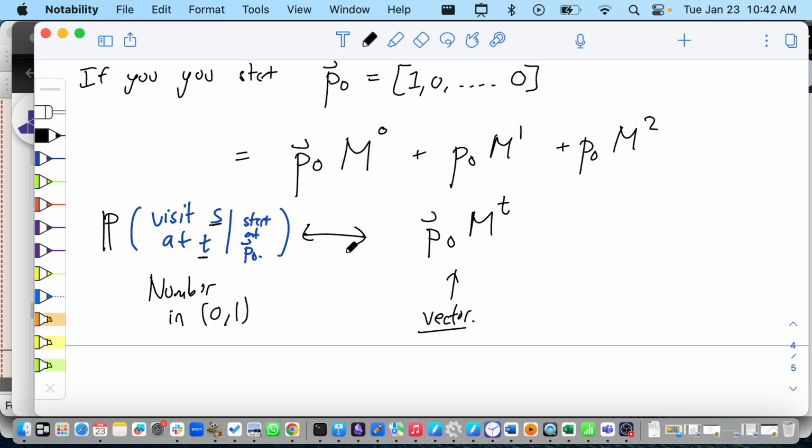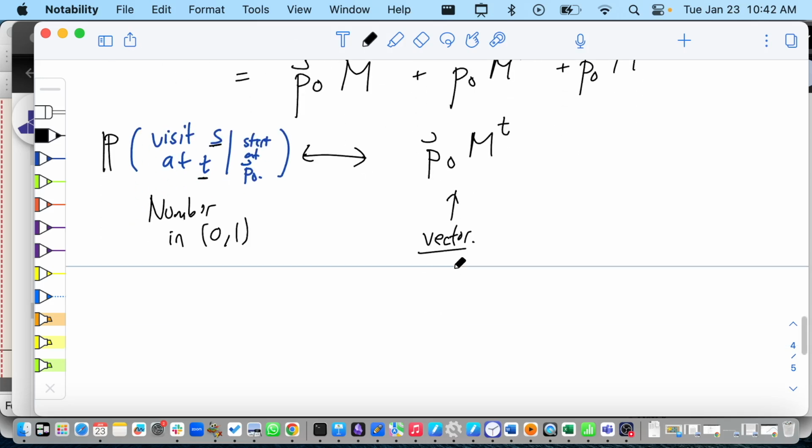That's right. So this is a vector, and if you look at the vector, it has some number of entries, and the entries are exactly these things when you go over the different values of s. So this number is one of the entries of this vector. So you have two ways to solve the problem. One way, you could think of this as a vector by having s vary over all the states.